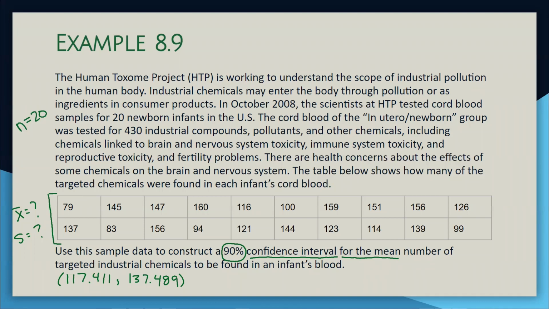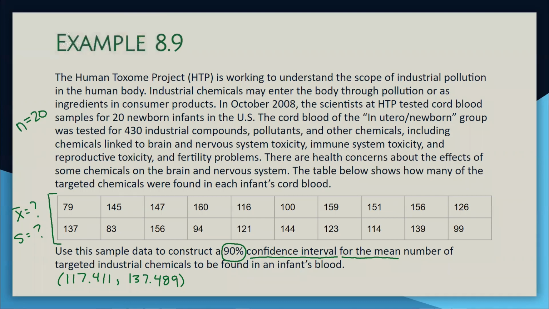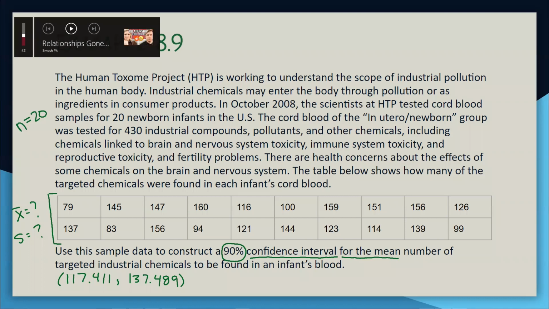So of the 430 industrial compounds, we expect the true mean to be somewhere between 117.4 and 137.5.